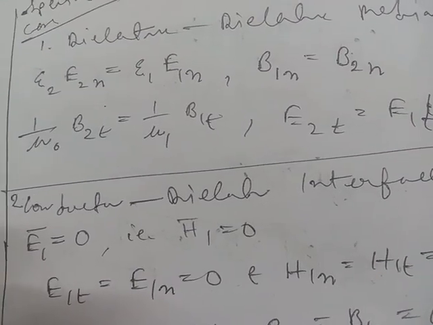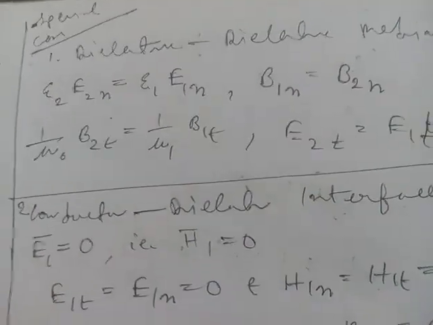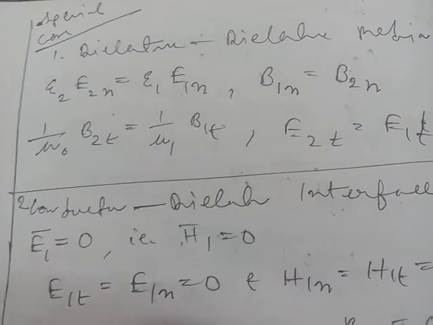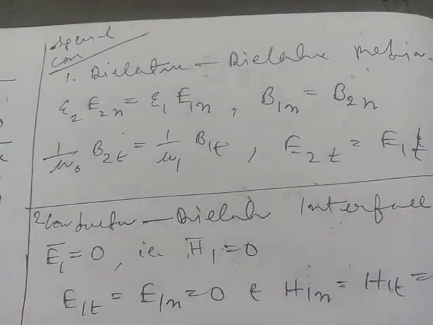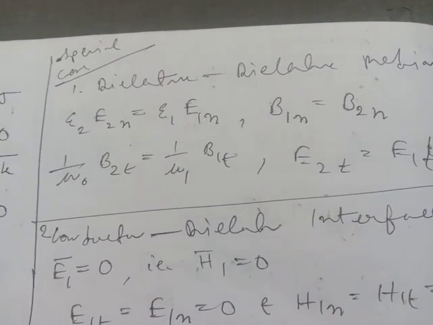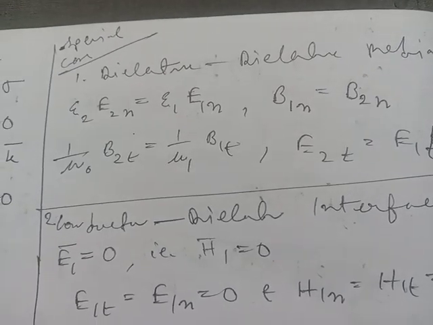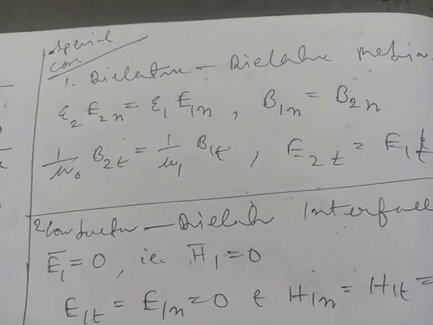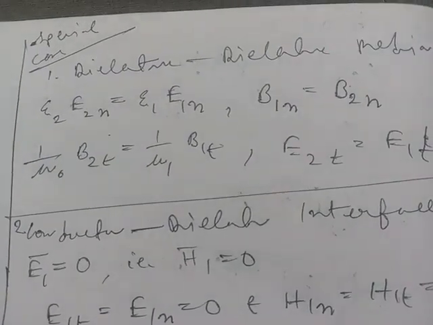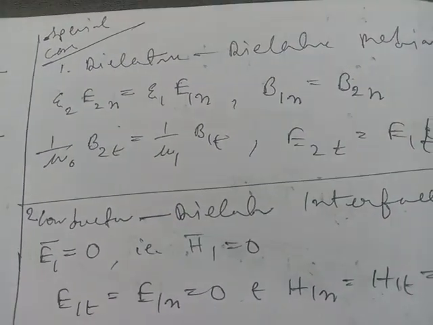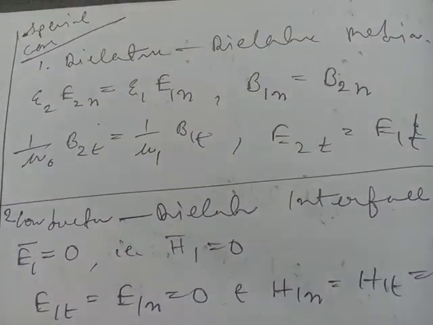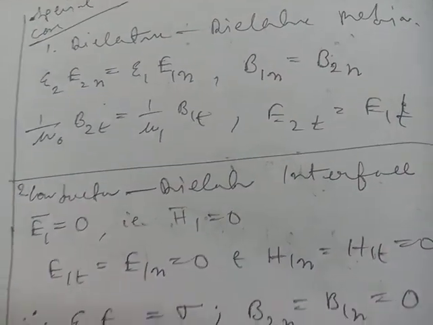If there was any surface current, just note down my sentence: if there was any surface charge, then the normal component of the electric field will be discontinuous, and if there is any surface current, then the tangential component of the magnetic field will be discontinuous.